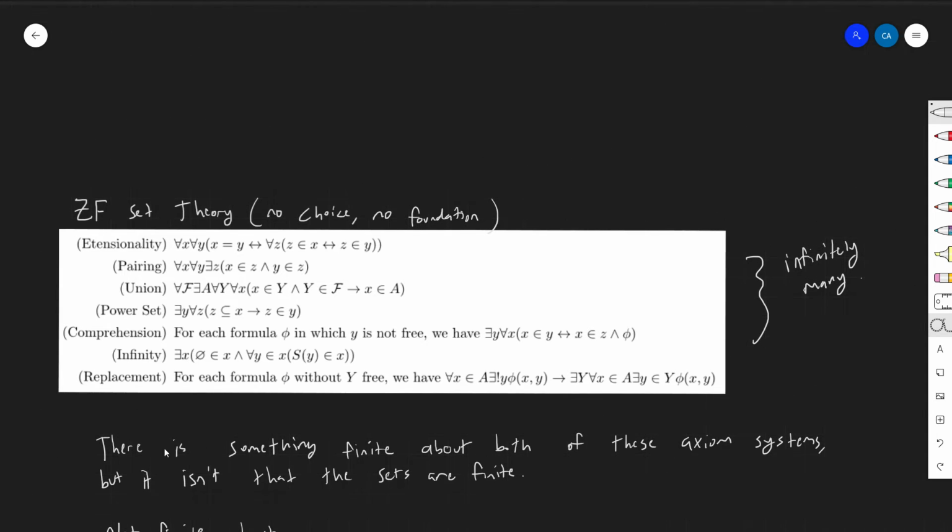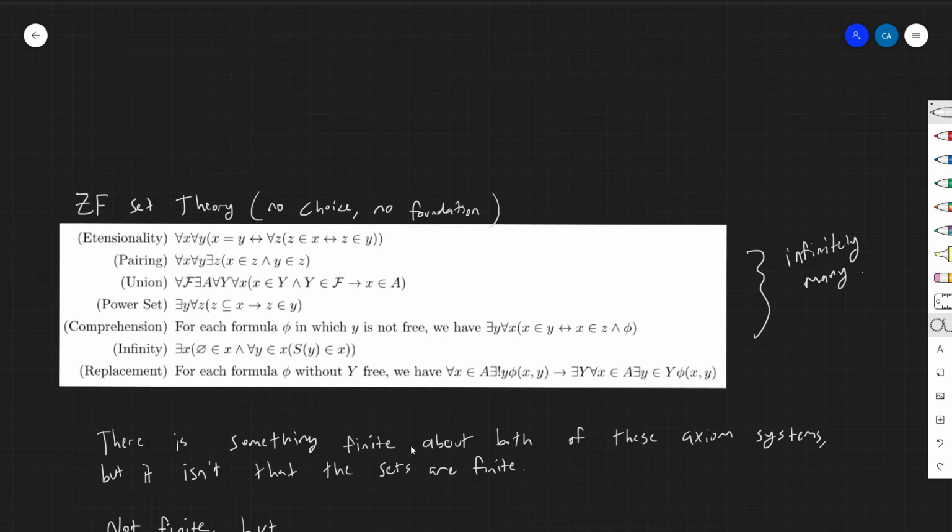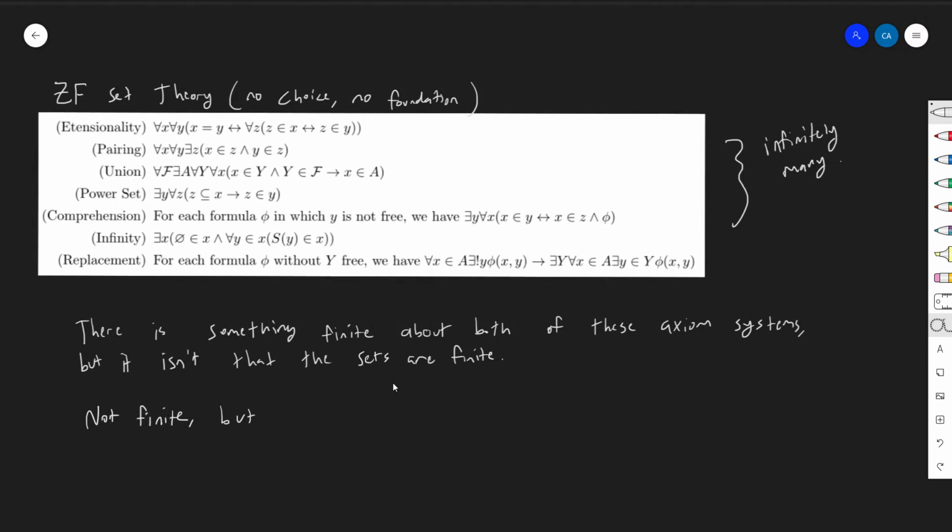So there is something finite about both of these axiom systems. But it isn't that the sets themselves are finite. What is it? It's not that the sets are finite, it's that the sets are finitely describable. Remember that? That's what we need.